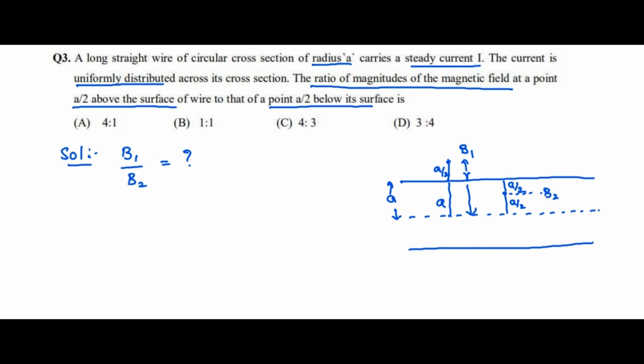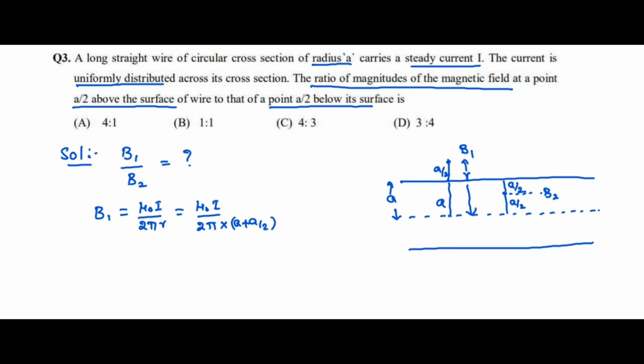So while coming to B1, B1 is equal to mu naught I divided by 2 pi r, that is mu naught I divided by 2 pi into small r, which here is A plus A by 2.